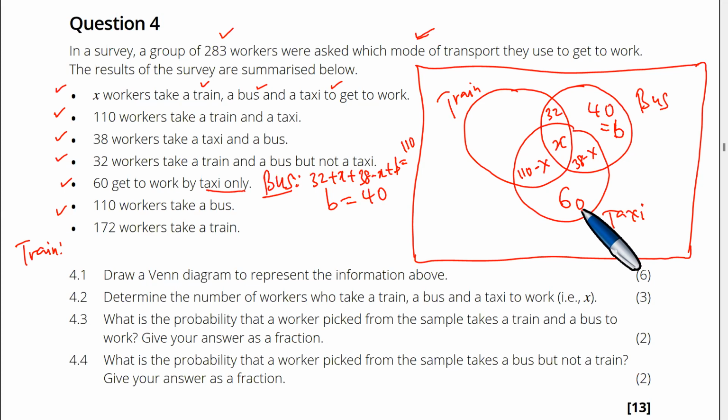You need this one, you can call it small t or even big T, but it's for the train only.